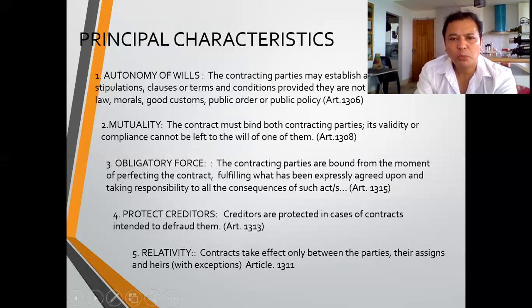So autonomy of wills is that in contracts the parties may establish stipulations or any terms or conditions, as long as they are not contrary to law, morals, good customs, public order, or public policy. So we know what are laws, we know what are morals, good customs, public order, and public policies.